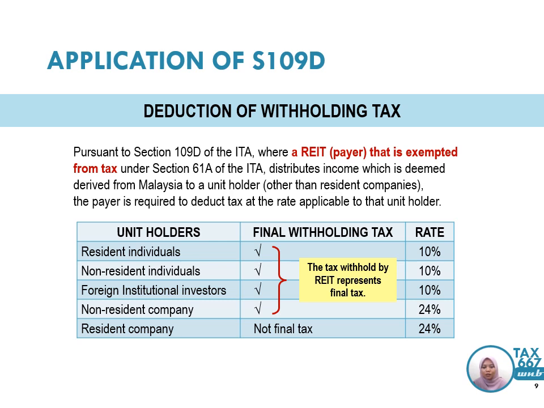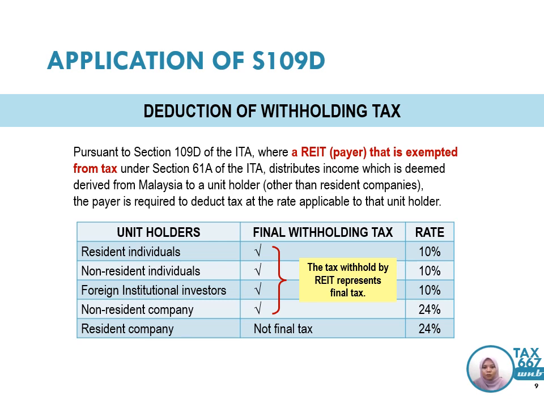Okay, kiranya untuk unit holders, bila dia dapat income daripada REITs, income tu dah net of tax sebab REITs dah ambil siap-siap berapa portion of tax yang REITs akan terus bayar kepada IRB. Therefore, unit holders receive the income from REITs, dah tak perlu dah nak bayar tax.